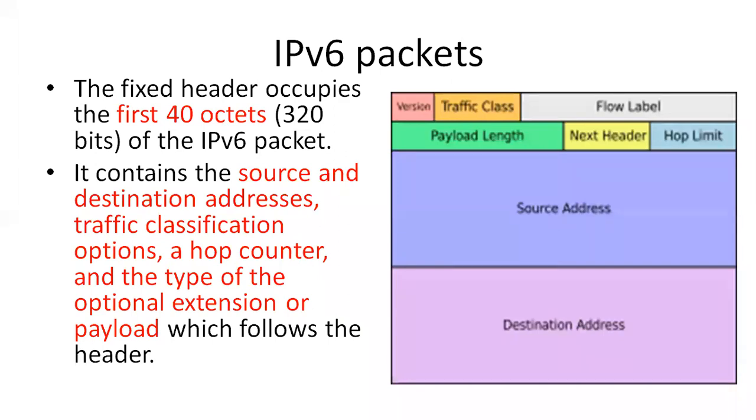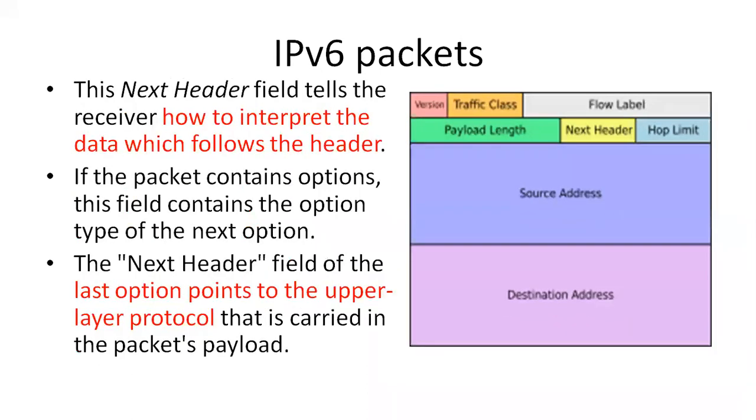It consists of source and destination addresses, the traffic class, classification, which is optional, the hop counter, which is also optional, and the type of the optional extension, and the payload is very important, which follows the header. These are all components of the header. How to interpret this?